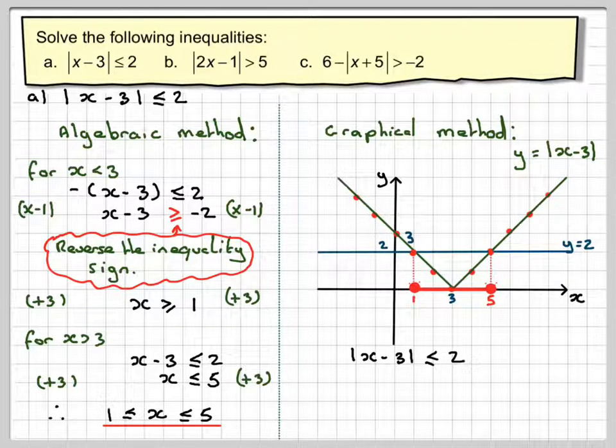Now you can see why you do minus for values less than 3, and then positive for values greater than 3. This is quite important for the algebraic technique. So again we get the same answer: x must be greater than or equal to 1 and less than or equal to 5.